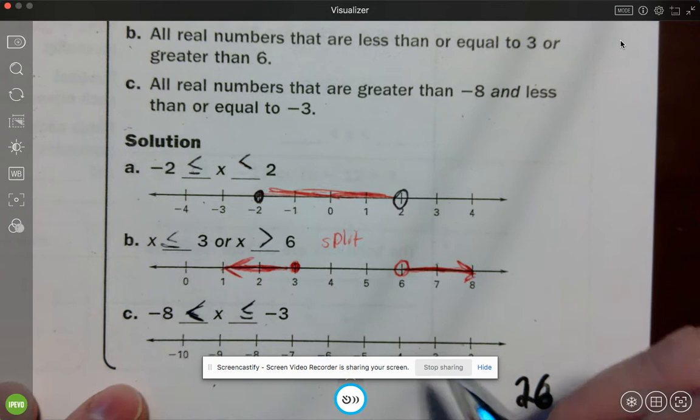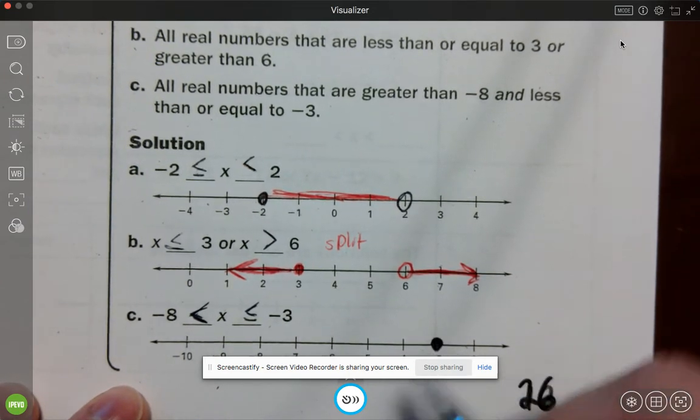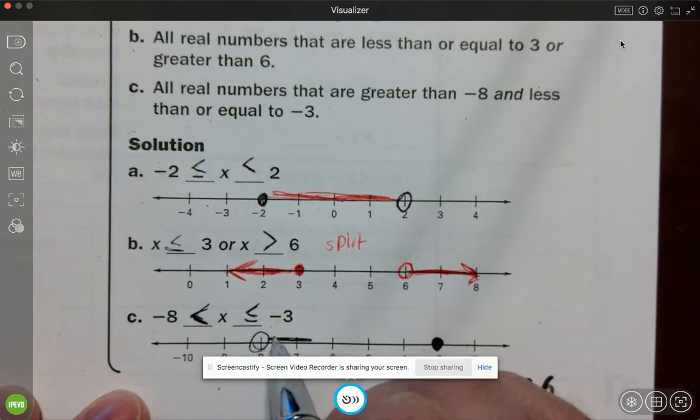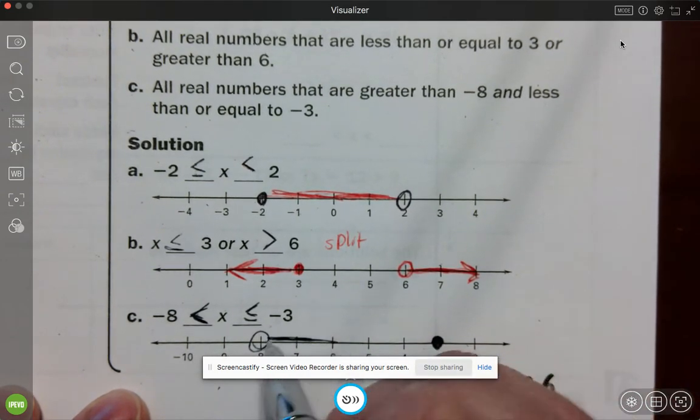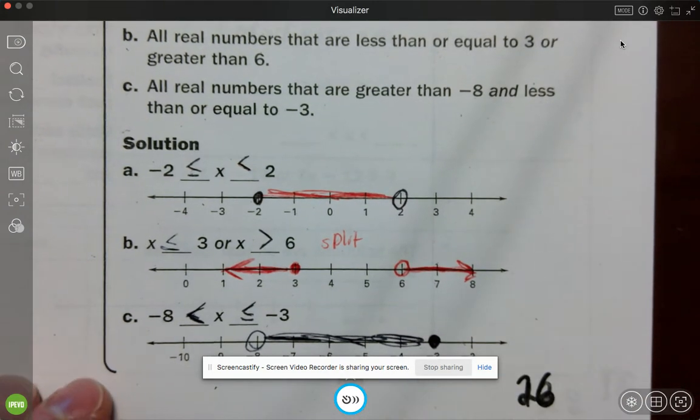That's going to be a closed dot at -3, and an open dot at -8, and they connect, because -3 is less than or equal and -8 is greater than, so they connect and work like that.